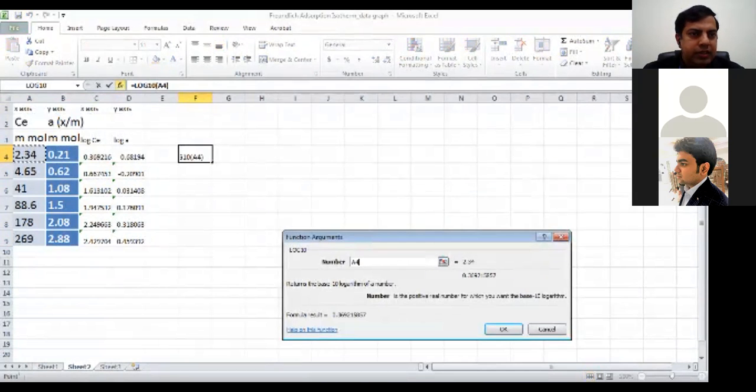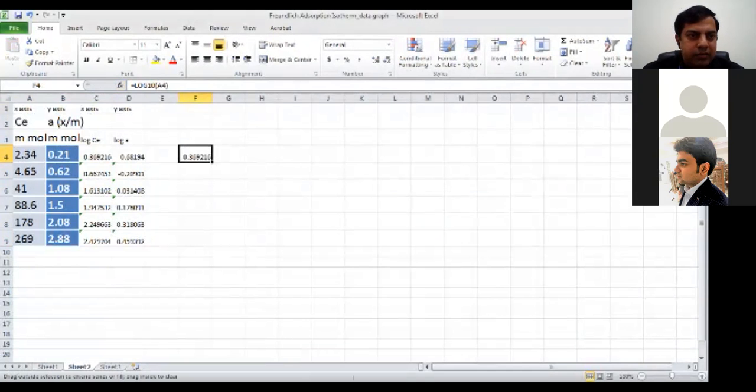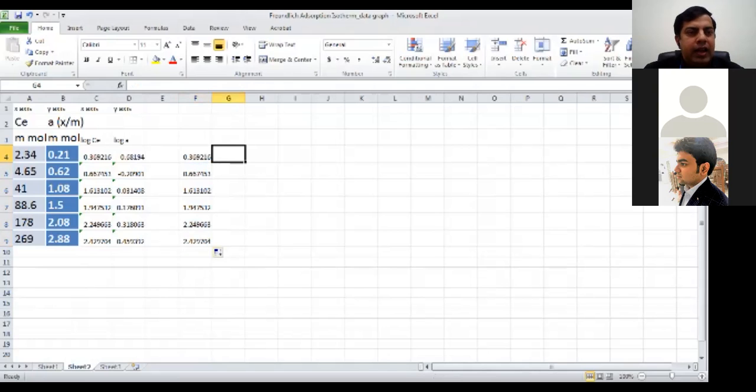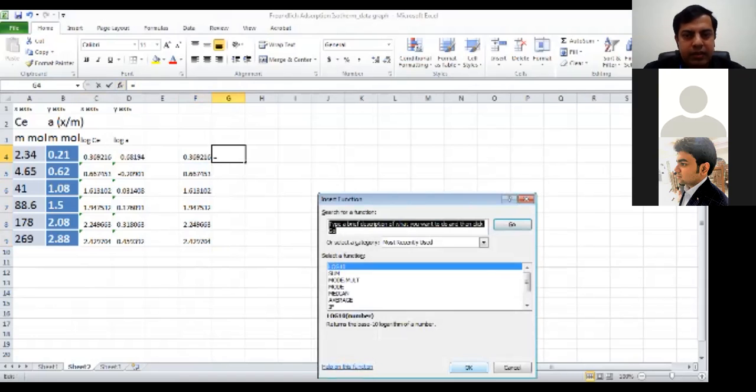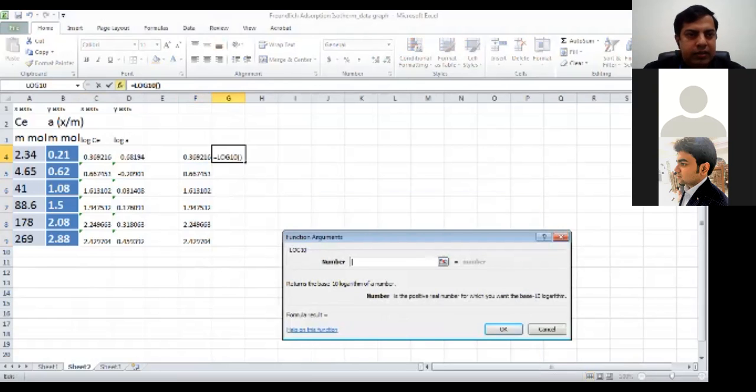Let's suppose this is the CE, and this is going to give you the log of this one. When you scroll down, this will automatically calculate all the logarithms. Simultaneously you can do it for the other one, taking the log 10 for this value.